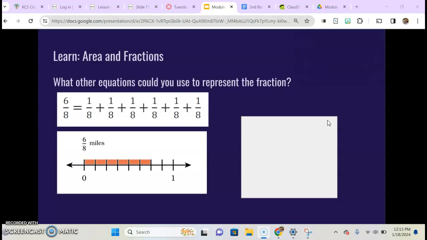So if I chose, let me go back here, and I'm just going to use black on top. If I chose to represent 2/8 with one color, then I would have 1, 2, 3, 4/8 represented with the blue, and that would still equal 6/8. So take just a minute and see what other equations you could write that would equal 6/8.